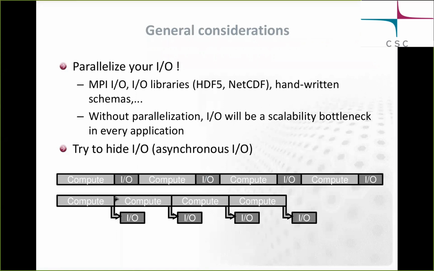You could have a scheme where you compute, and once the dump takes place on a certain set of MPI ranks, the rest of the ranks may still start computing something new, and this of course gives an improved overall execution time.